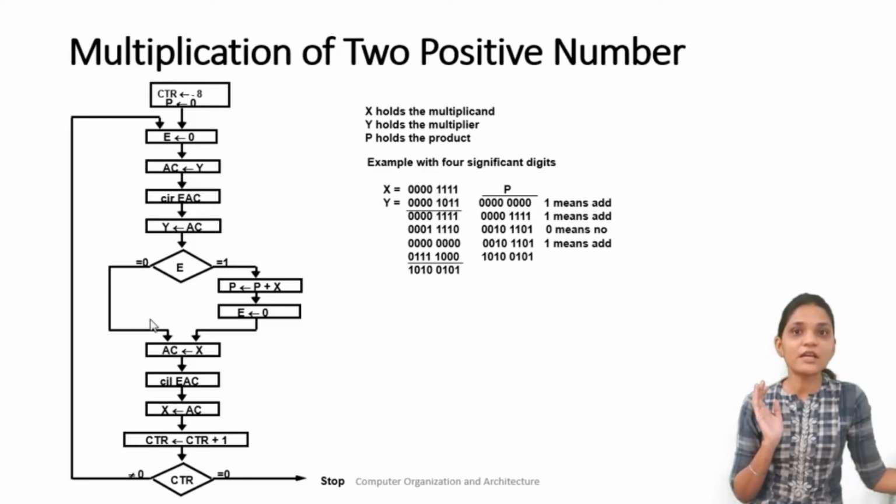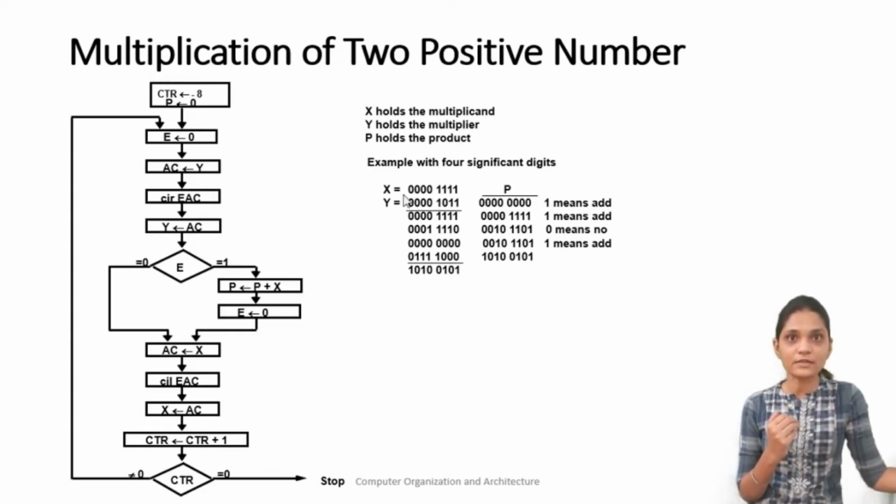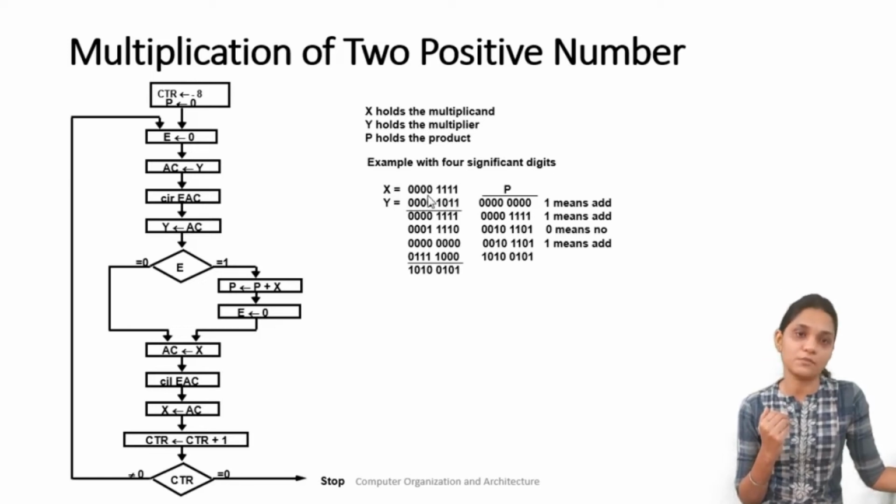If it is 0, then you are required to just shift your content. If it is 1, then you will need to add this shifted version of the multiplicand, or you can say this X. If it is 0, then you just need to shift this number.